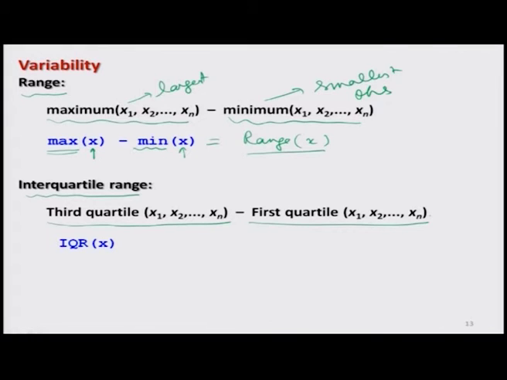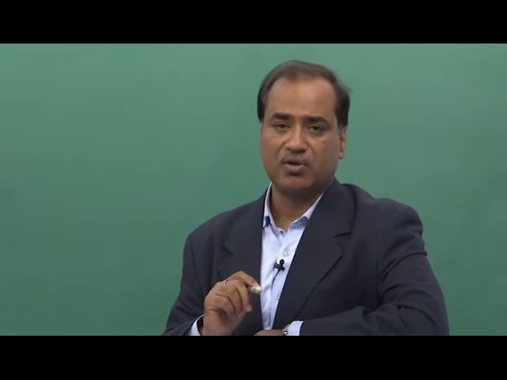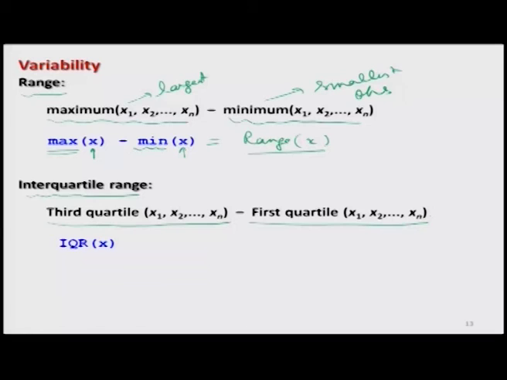First quartile, second quartile, third quartile, fourth quartile, and the second quartile is the median. So, I take the difference of the third quartile minus the first quartile, and this quantity can be directly computed in R using the function IQR, which means interquartile range of the data vector x.